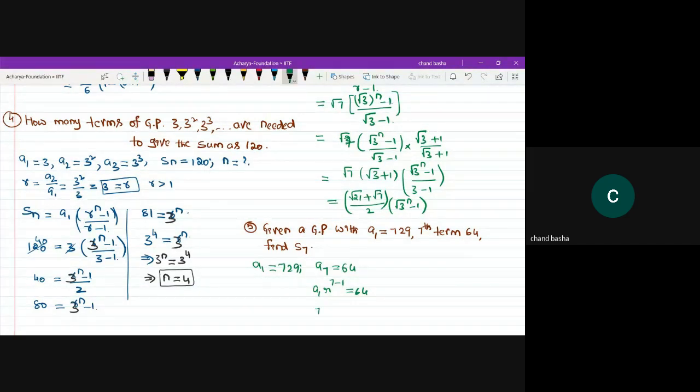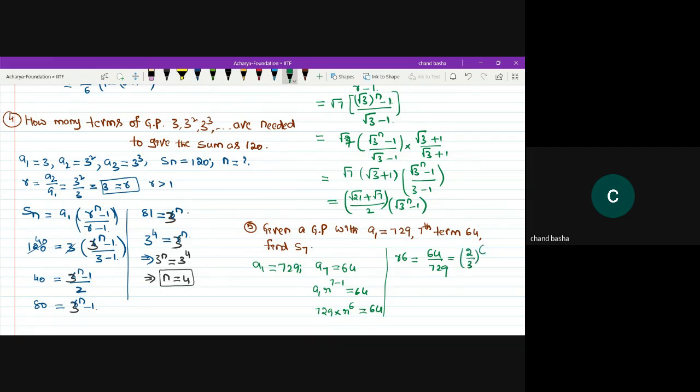A1 value is 729 into r power 6 is equal to 64. So from this, r power 6 is equal to 64 divided by 729. That is equal to 2 divided by 3 whole power 6.